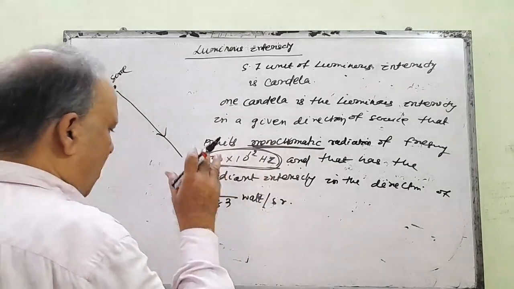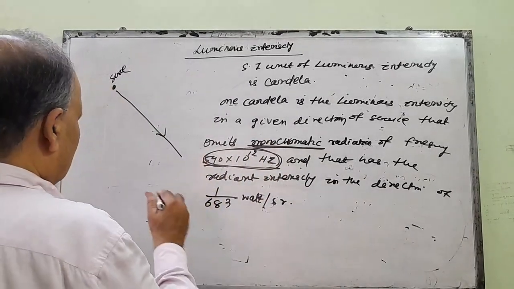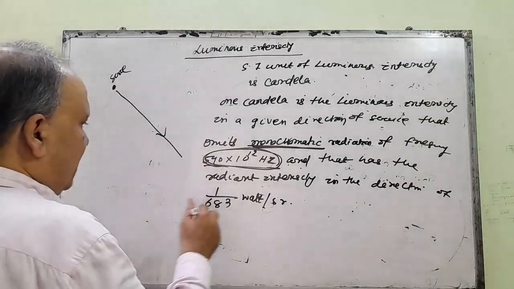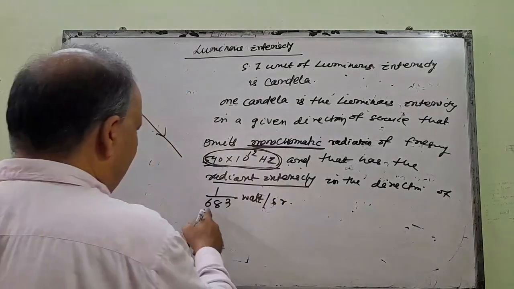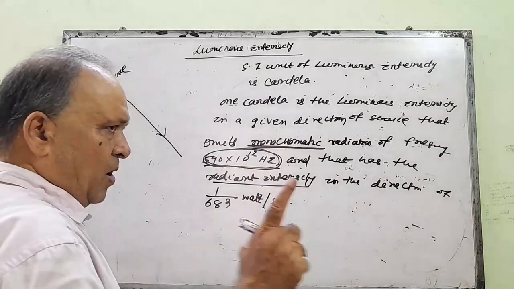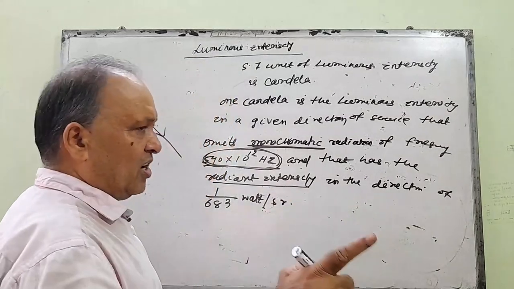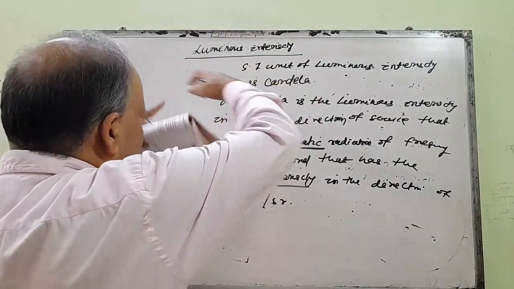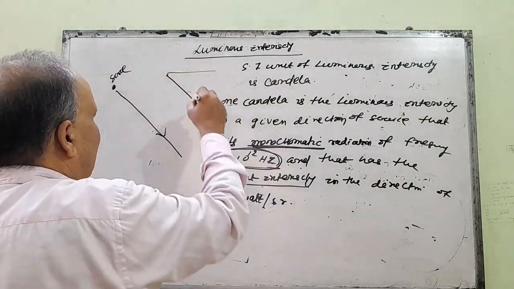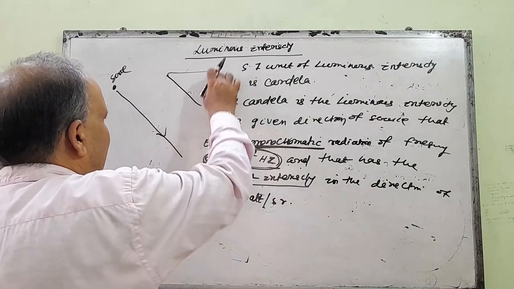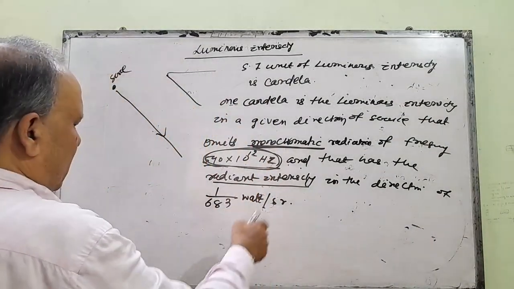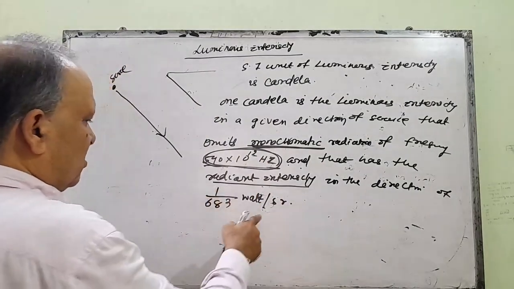Per steradian means per solid angle. Suppose in this amount of a solid angle, a certain amount of radiant energy is going. So for a single solid angle, the amount of radiant intensity is called what?